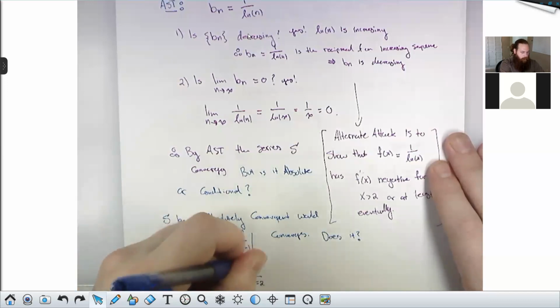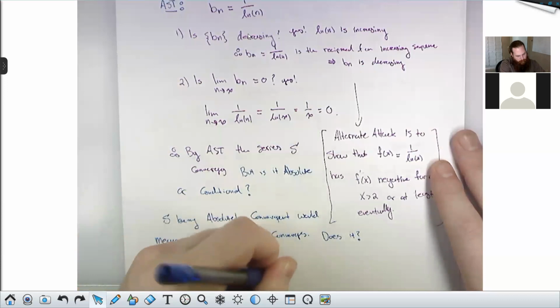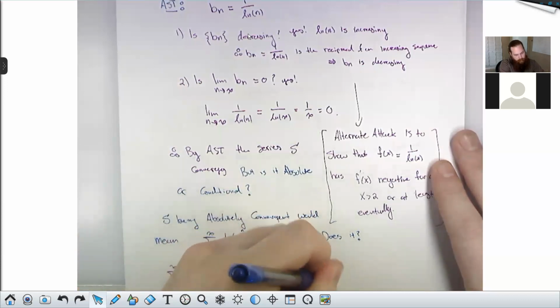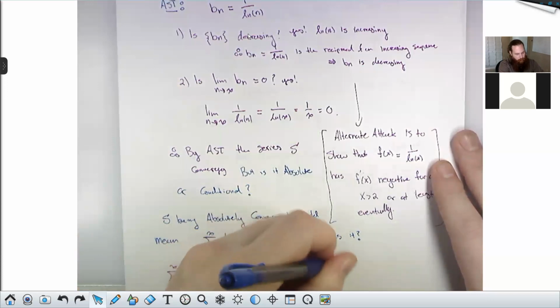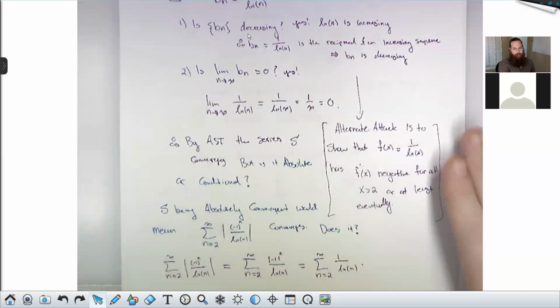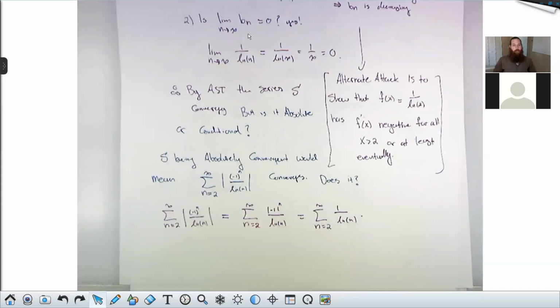That is the sum from 2 to infinity of the absolute value of -1 to the n over the natural log of n. This is the same as sigma n from 2 to infinity 1 over the natural log of n. So does that series converge or diverge? What sort of tests could I use for him?